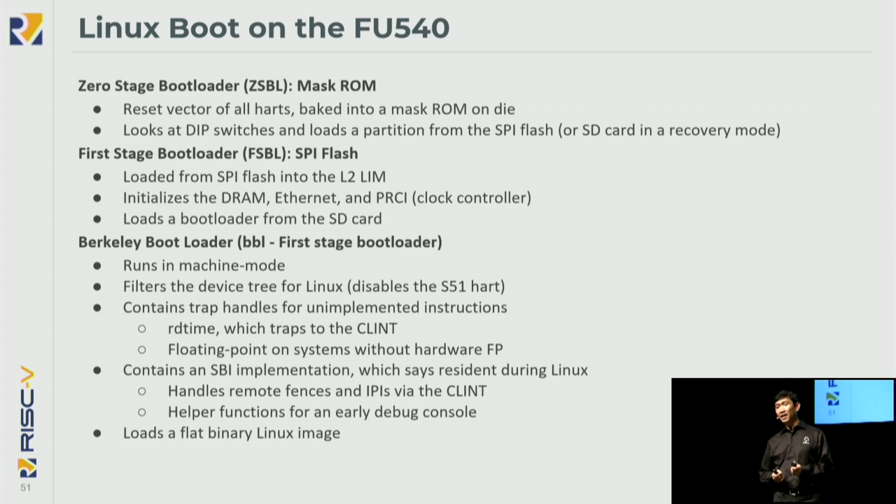It also contains trap handlers for unimplemented instructions, as well as RDTIME, which trap to the kernel, and for floating point, it sets up floating point emulation on systems without hardware floating point.